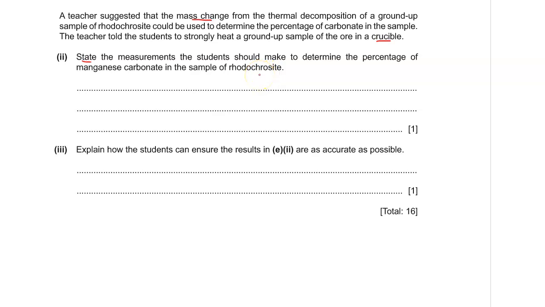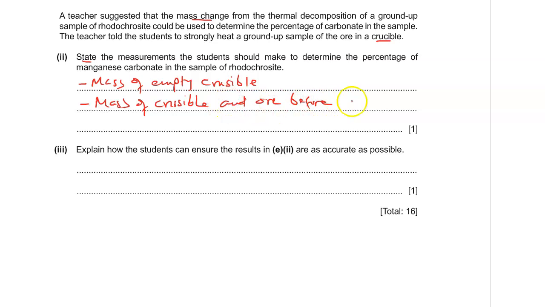Of course, you need to measure the mass of the crucible. He's heating the crucible, so measure the mass of the empty crucible. Then you put your ore there, so you get the mass of the crucible and the ore before you start heating.